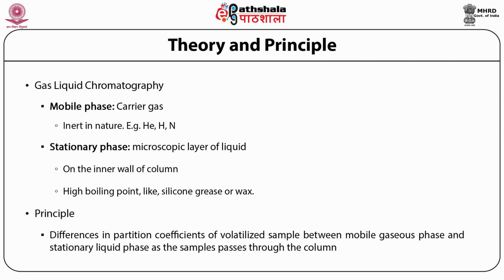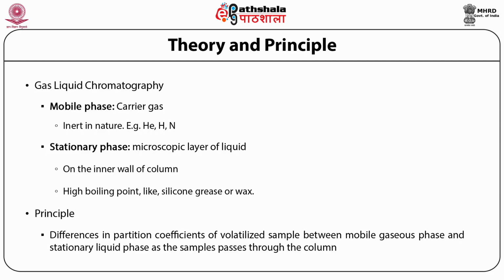Components of the volatilized sample interact with the stationary phase and elute out from the column at varying intervals depending upon their retention time. Every compound has a different retention time, and thus some elute out faster while a few elute slowly at a later stage.